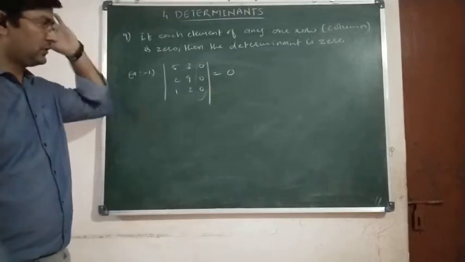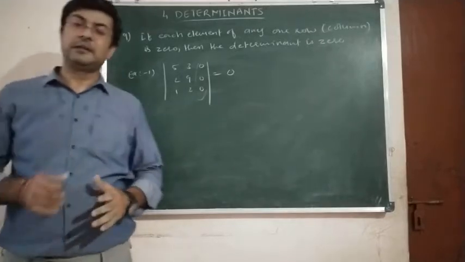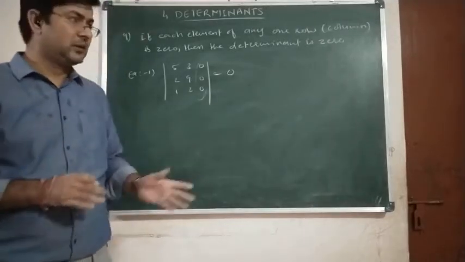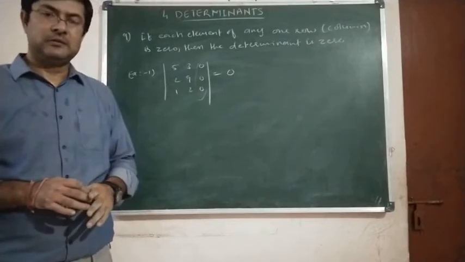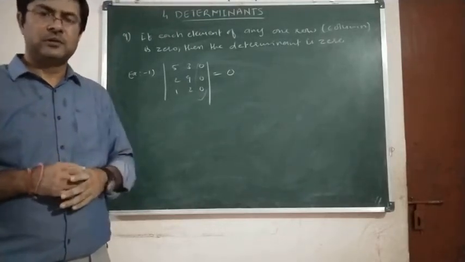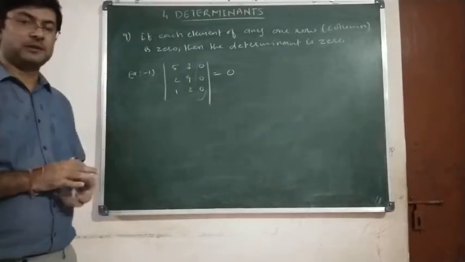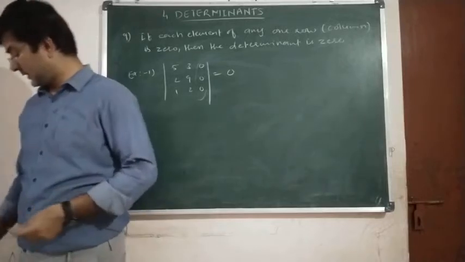So this is also an important property. You have to remember each and every property, because in all the questions all the properties are used. So please try to remember. This is property number 9. Now we will learn property number 10.